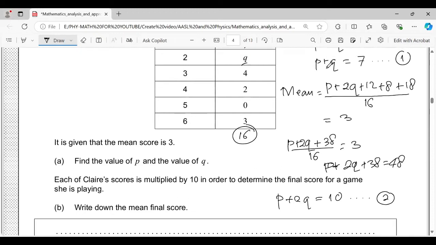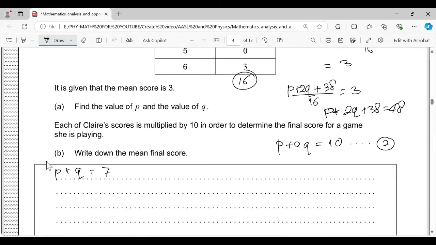Now we're going to combine the first equation and the second equation. I'm going to write down here: P plus Q equals 7, P plus 2Q equals 10.